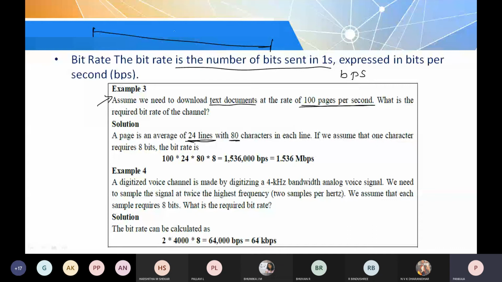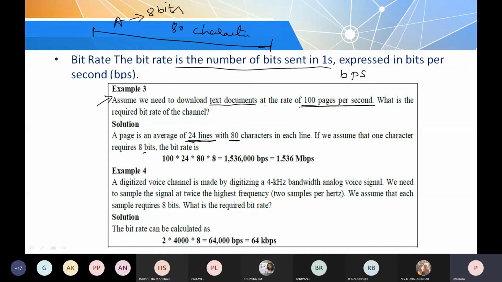So here I have assumed it is 80 characters in each line, and we assume that one character requires 8 bits. You already know that whatever information is represented in a line or in that particular page, each character is represented with 8 bits.